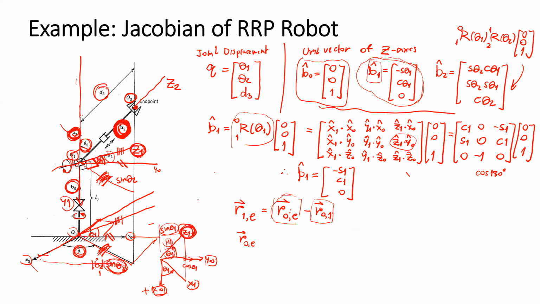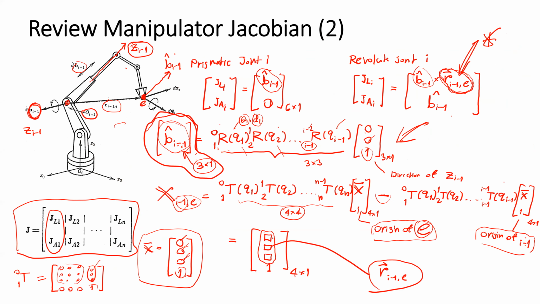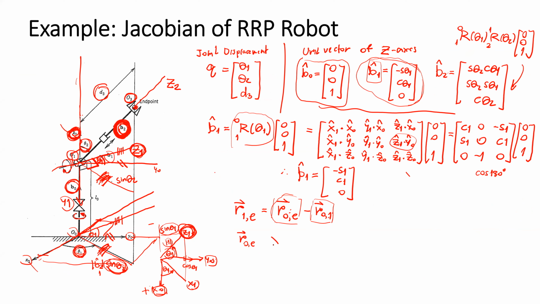We may need to begin with the X matrix from 0 to the end effector, which is equal to the homogeneous transform 1/0 of theta 1, 2/1 of theta 2, and 3/2 of the offset D3, and then multiply by the X bar vector, and then we can pick the relative position vector.